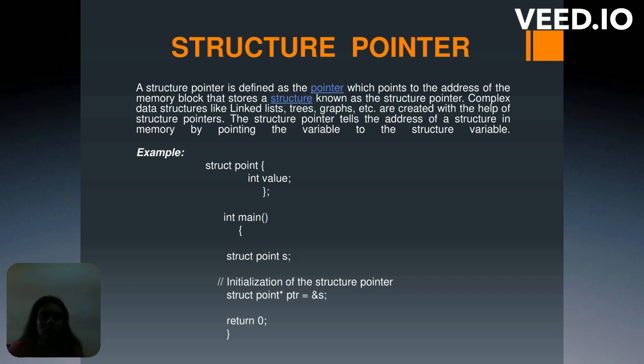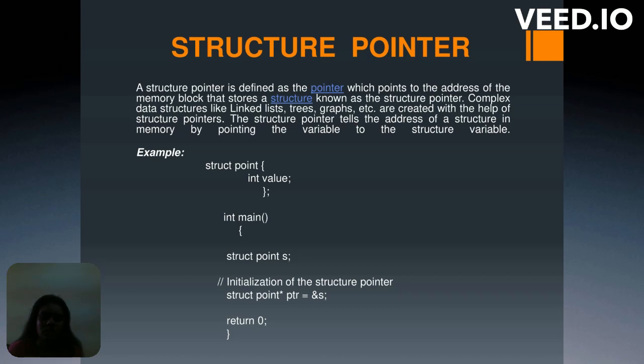Complex data structures like linked lists, trees, graphs, etc., are created with the help of structure pointers. These structure pointers tell the address of the structure in memory by pointing to the data structure variable.